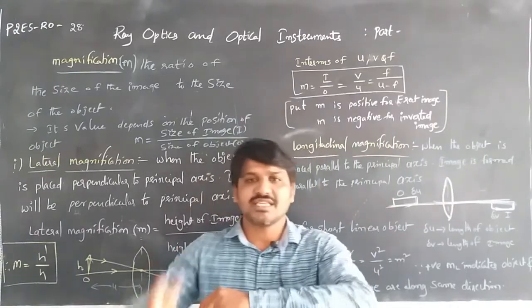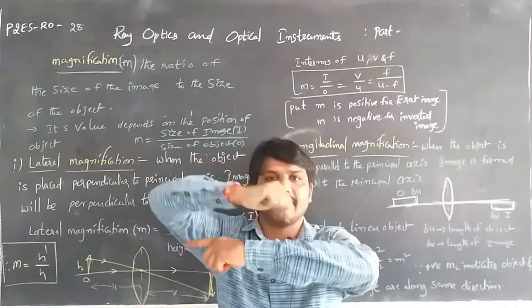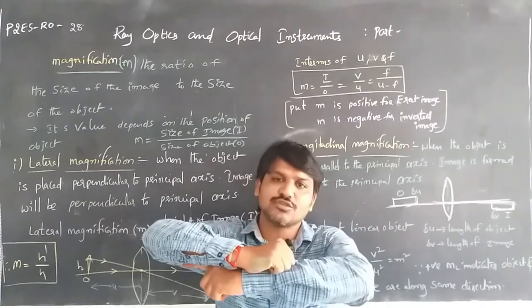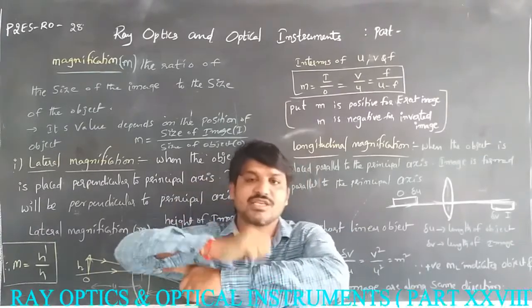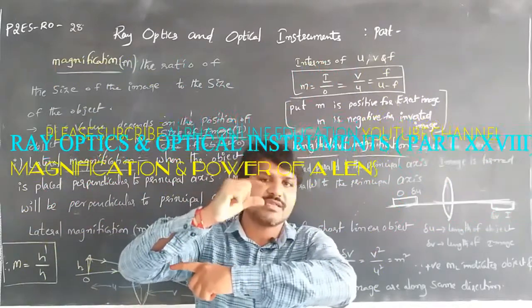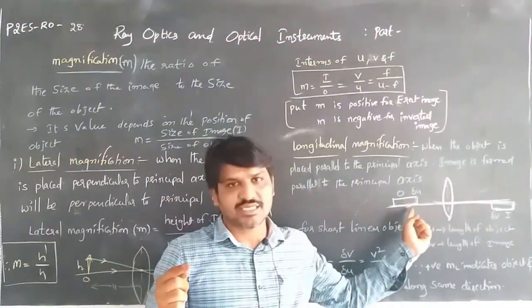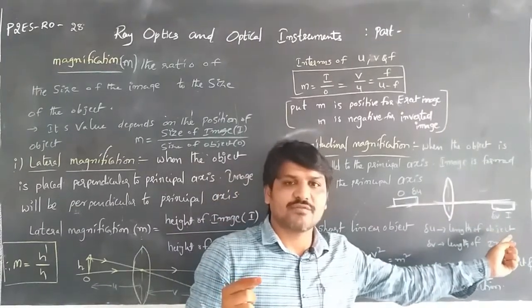When the object is placed parallel to the principal axis, the image is also formed parallelly. For a short object, delta u is taken as the length of the object and delta v as the length of the image.